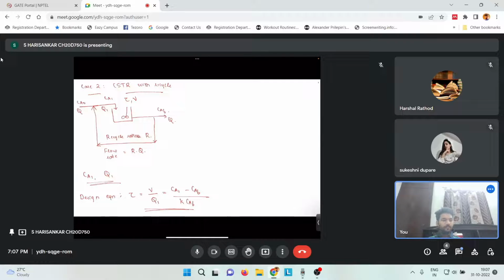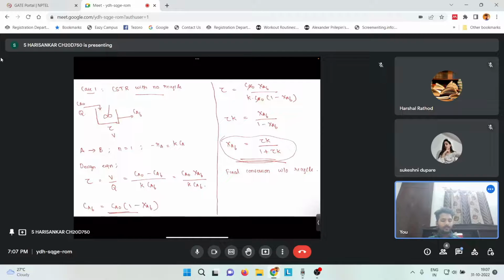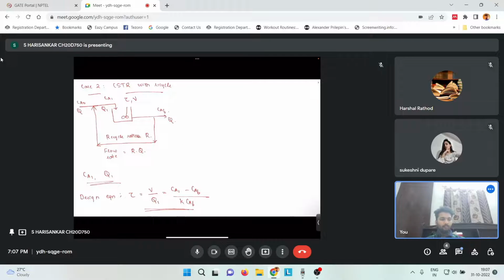In the previous case with no recycle, the design equation was tau is equal to Ca0 minus CAF by KCAF. Here, because of this recycle, the concentration and the flow rate at the inlet has changed, and now the design equation for this CSTR will become V by Q1, which is equal to tau, that is equal to Ca1 minus CAF by KCAF.